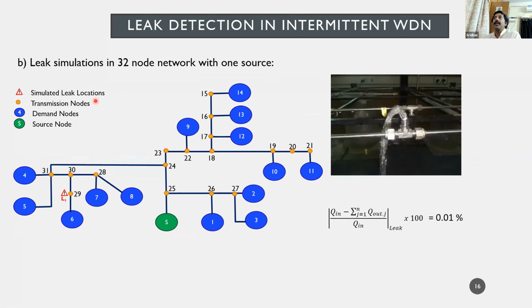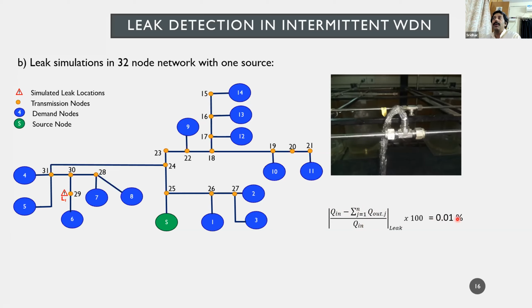Now, when you go to a larger network, given the sensor resolution and the difference, in this case, the leak was introduced over here with the pipe connecting 30 and 6. As you can see visually, there is a significant amount of water being lost. But given the small flow rates in all these pipes, if you did a volume balance alone based on how much volume was supplied and how much water was consumed, the difference was less than 1%.